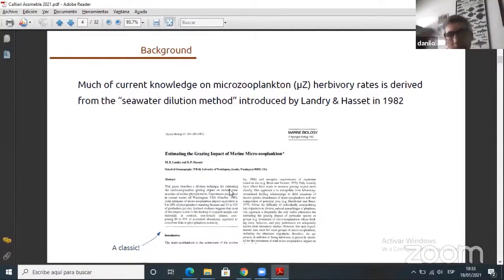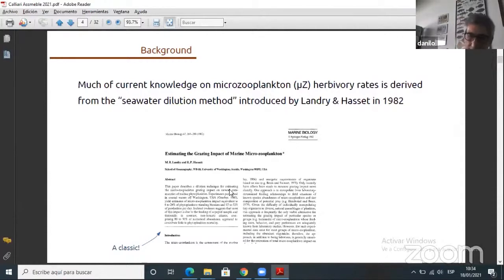Much, perhaps most, of what we know about the role of microzooplankton and their herbivorous action in the ocean is derived from what is called the seawater dilution method or technique that was first introduced by Landry and Hassett in the early 80s.